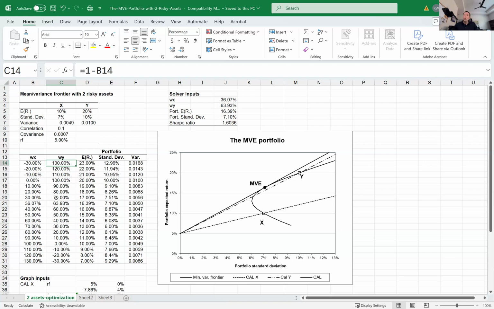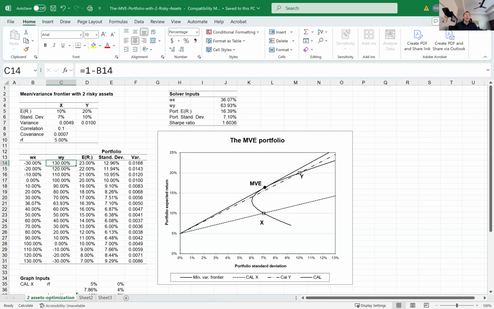It means we are shorting X. We're borrowing some shares of X, which doesn't cost us anything to borrow them, and we're selling them. And when we sell them, we get some money. What do we do with that money? We invest it into Y. So we're investing 100% of our money into Y, plus an additional 30% that we got from selling the shares of X that we borrowed, which is shorting X.